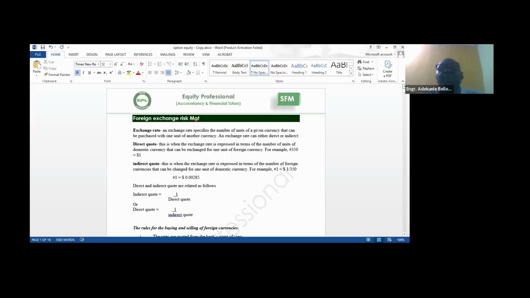We have the option markets, where investors can buy and sell options. Tonight, we shall be discussing the foreign currency market.